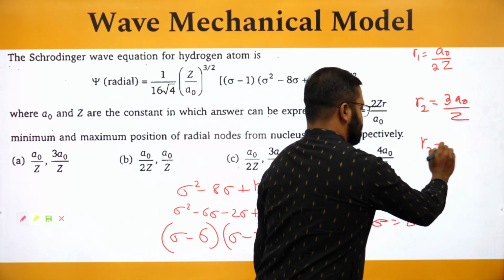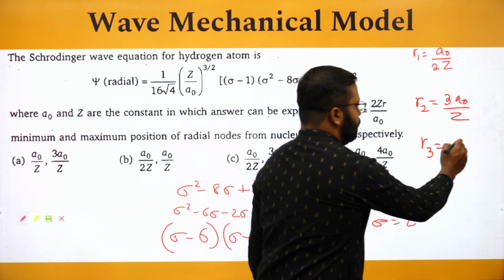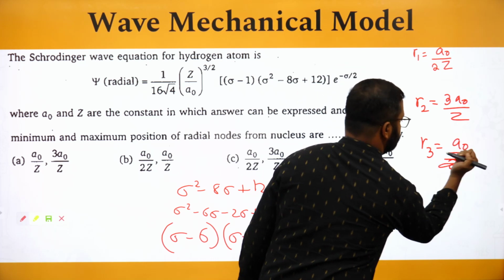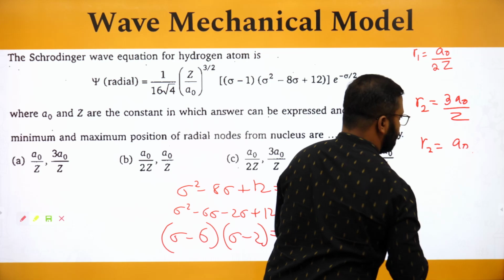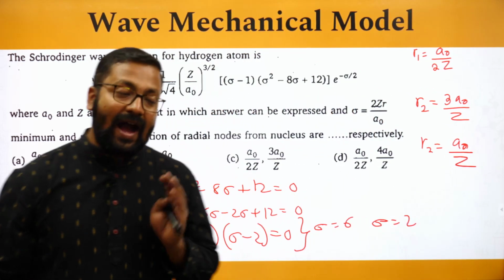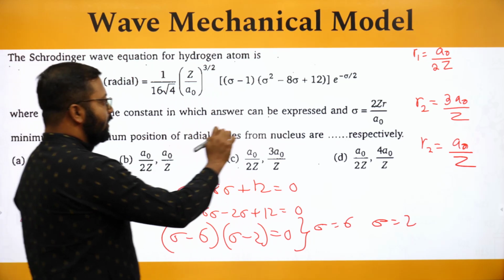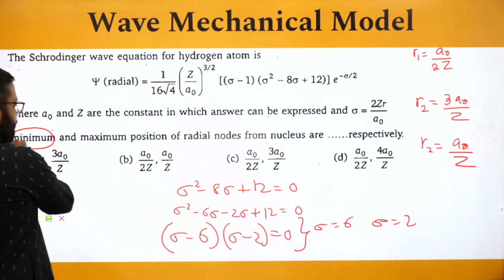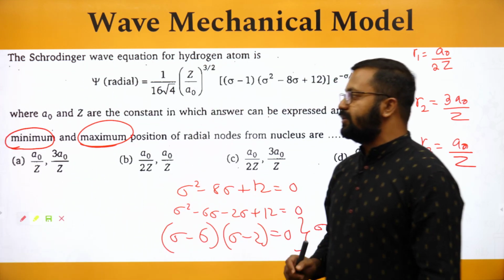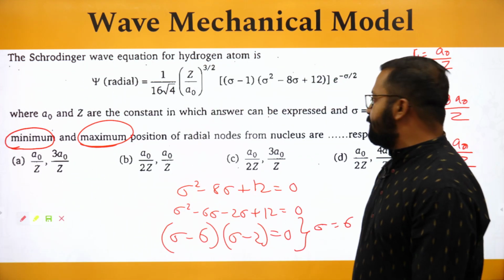If I place sigma as 2, then it will be a naught by z. I have to identify the maximum and minimum position. What will be the minimum value?